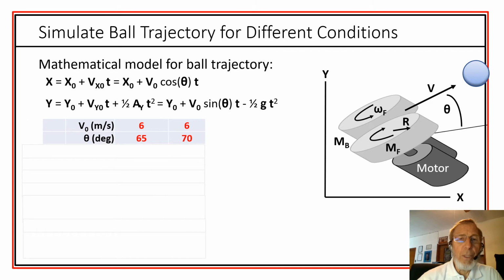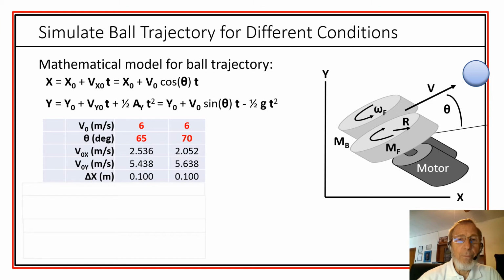So with this information, we can set up a spreadsheet for calculating different quantities of interest. We can define some initial velocities and initial angles for launch, and then for each of these conditions we can calculate, of course, the horizontal component of that launch velocity, the vertical component of the launch velocity.